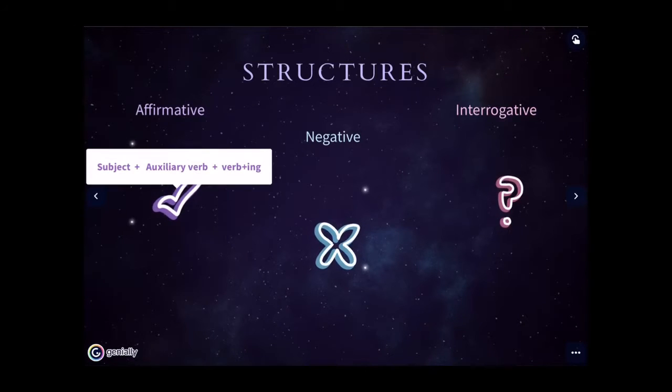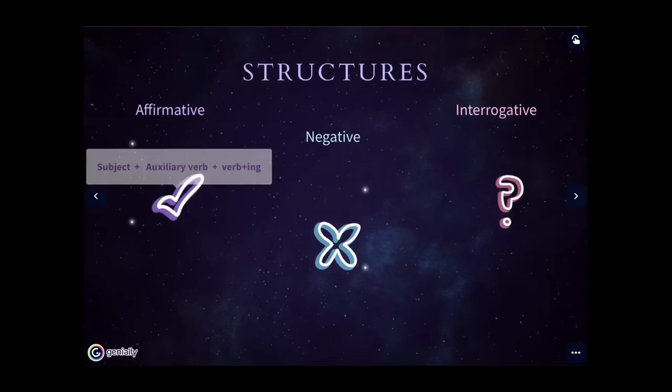And finally, we add the verb plus ing. This is very important because the ing at the end of the sentence is what makes this a present continuous sentence. So it's very important to add the ing.